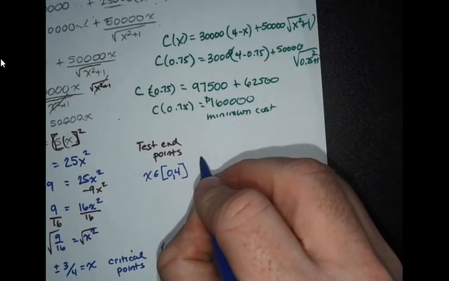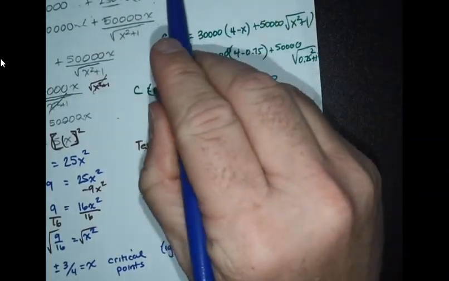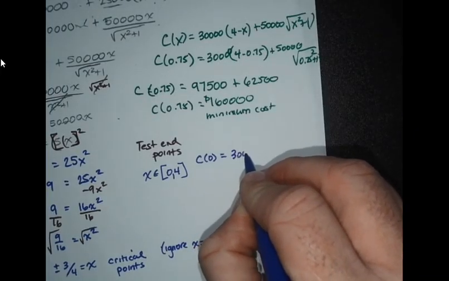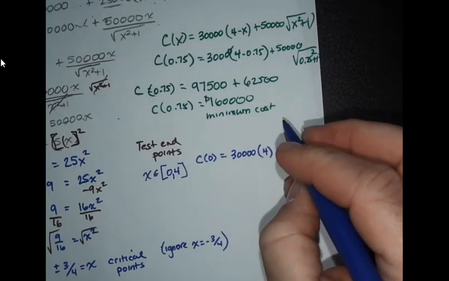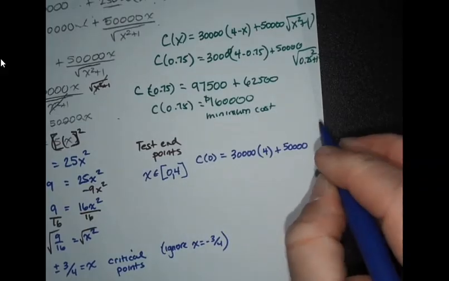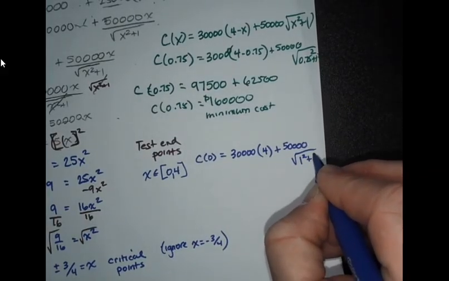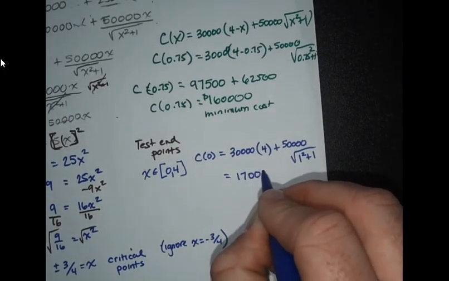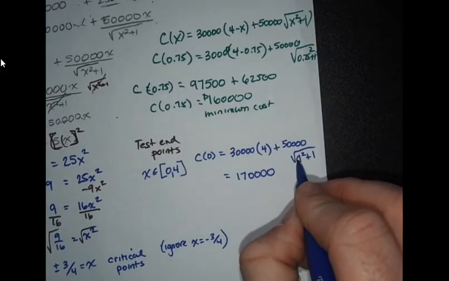So if I was doing C at 0, that would be all underground. So this would be 30,000 times 4 plus 50,000 times the square root of 1 squared plus 1, and you would get 170,000. No, I take that back, that should have been 0 squared.